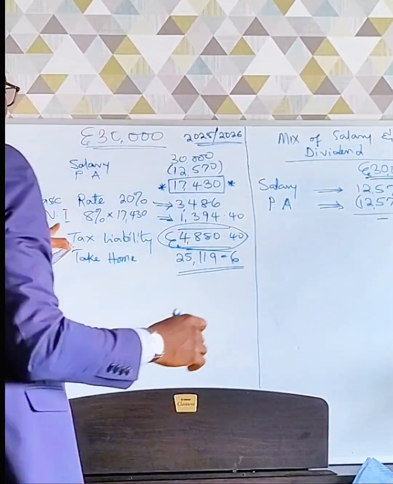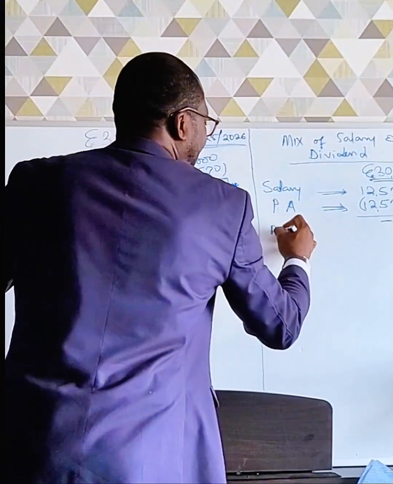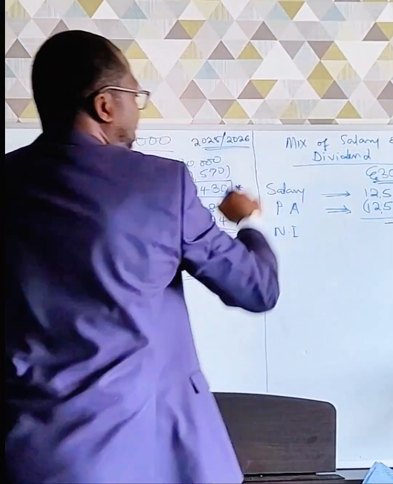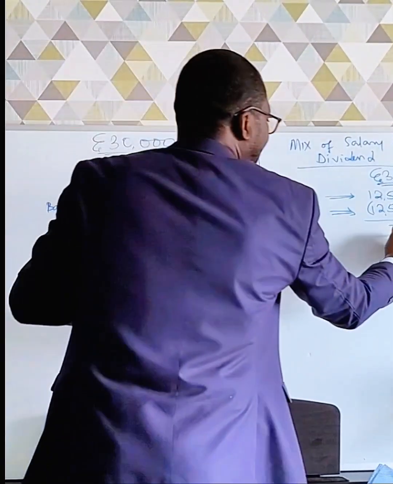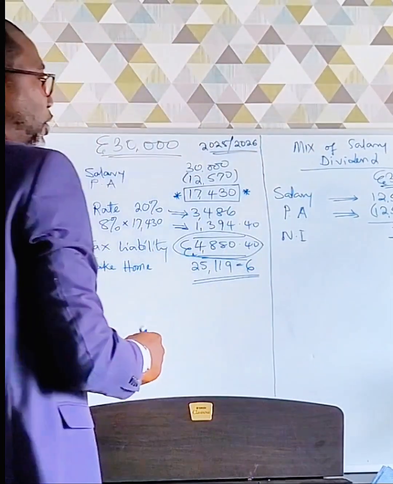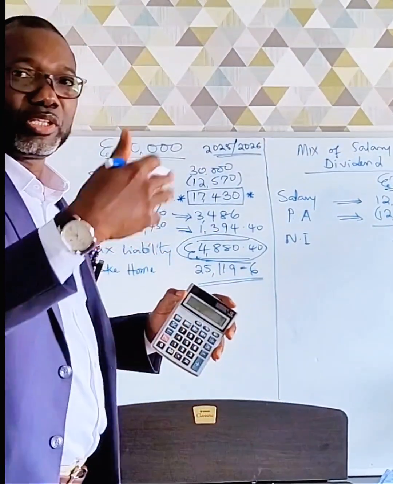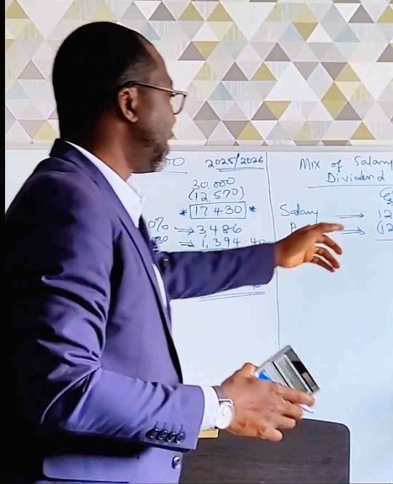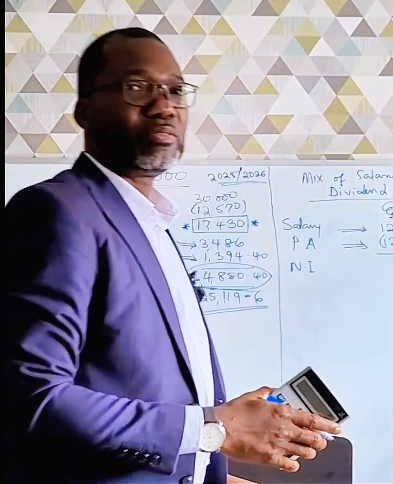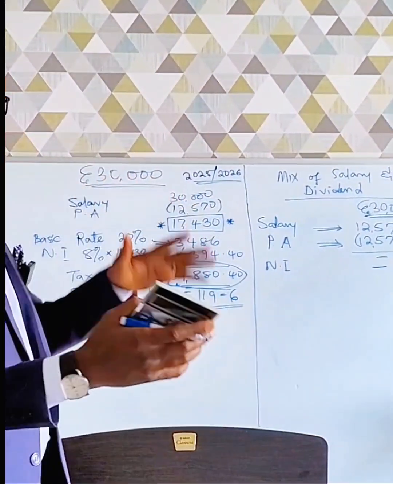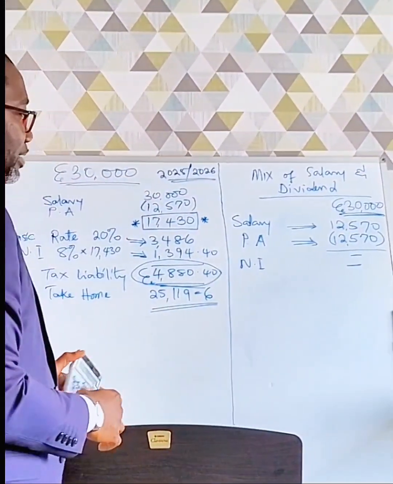Now, when we talk about NI, that you need to pay under this option is also 0 because it's not up to the threshold that you need to pay NI. Anything after 12,570, then you can factor in the NI.